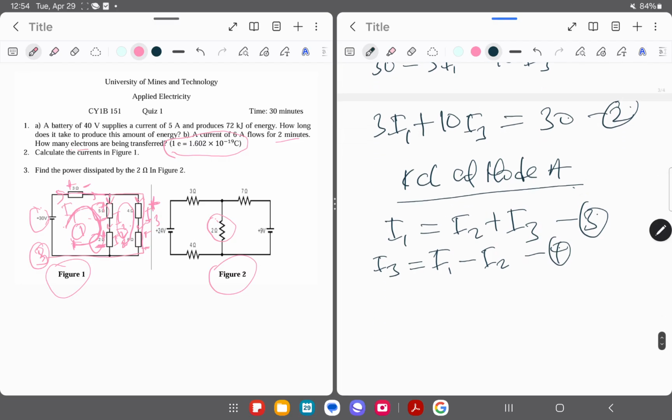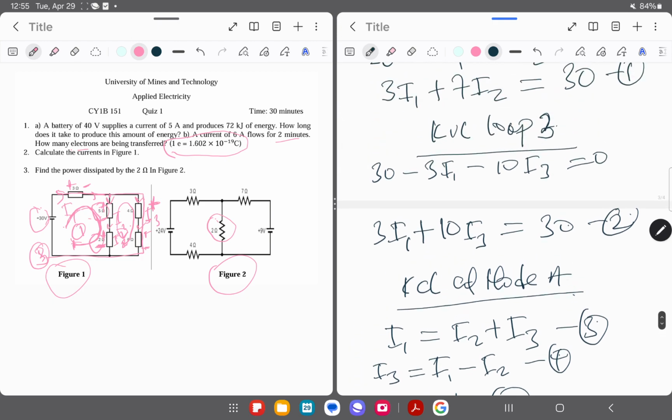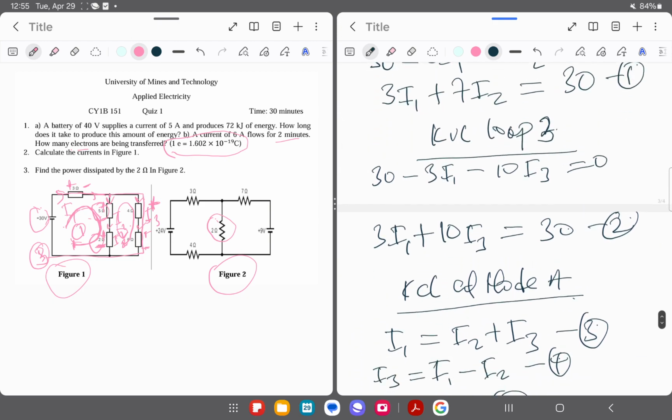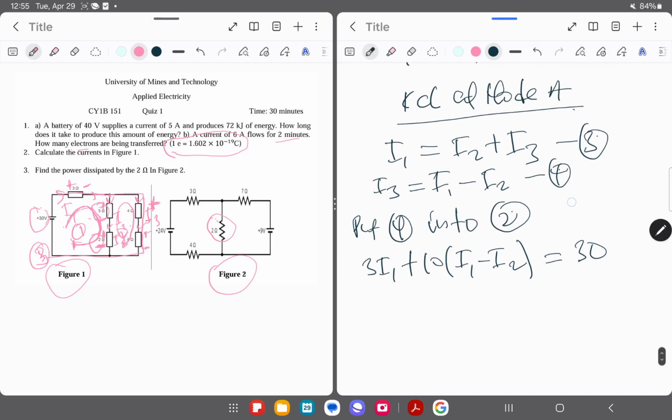Once I've done that, you can now put equation 4 into equation 2. So we have 3I1 plus 10 times (I1 minus I2) equals 30.